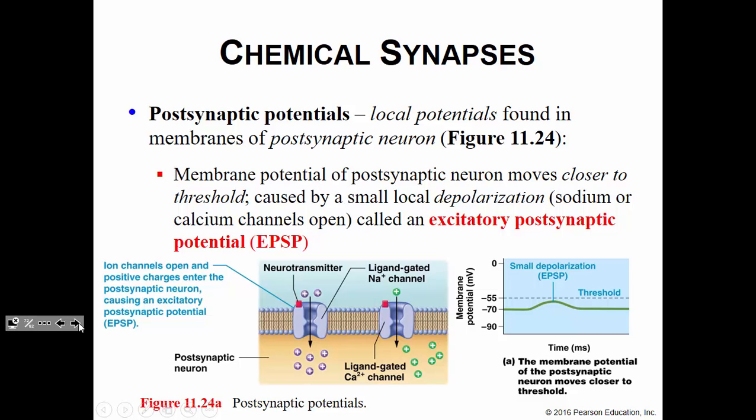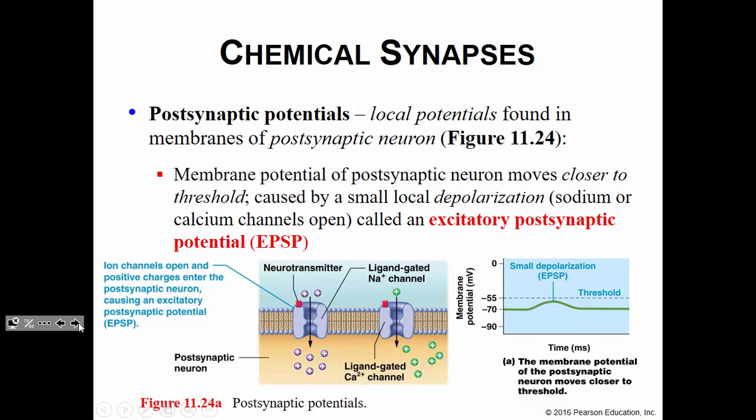Now, postsynaptic potentials are local potentials that occur in the membranes of the postsynaptic neuron. As the membrane potential in that postsynaptic neuron gets closer to threshold, it causes a small local depolarization.